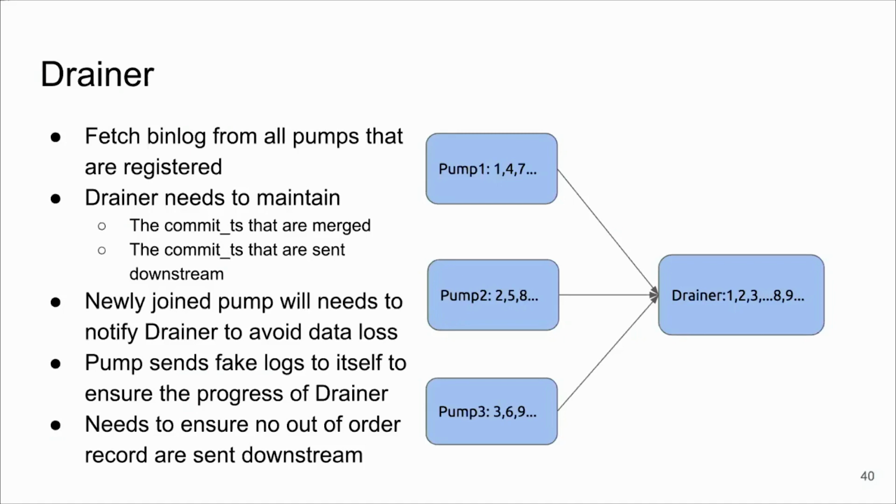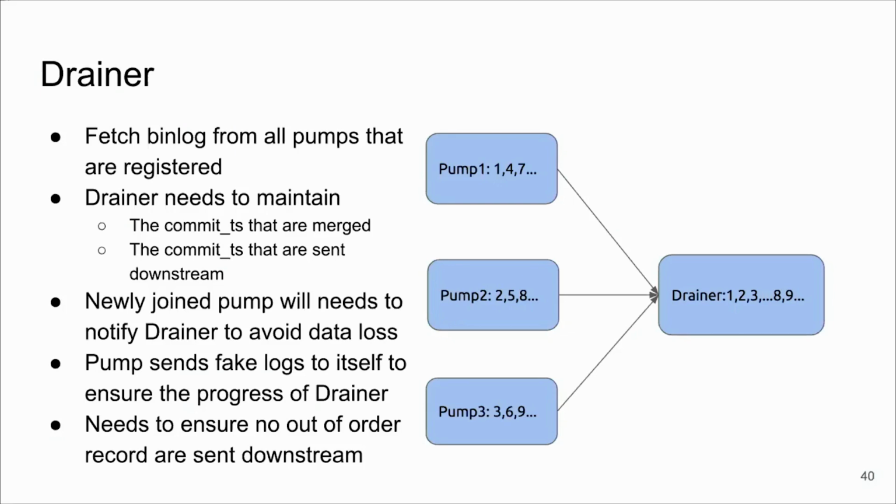So you need to make sure that all these pumps and drainers are highly available, so that any failure of a pump will not block the drainer. Another case is that a new pump joins the system and starts accepting binlog messages.